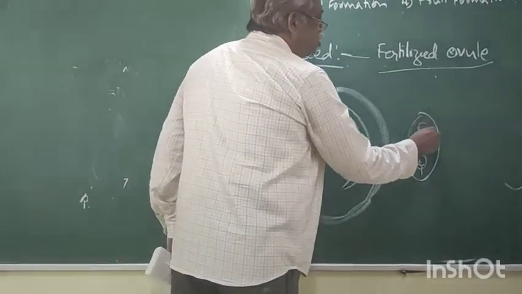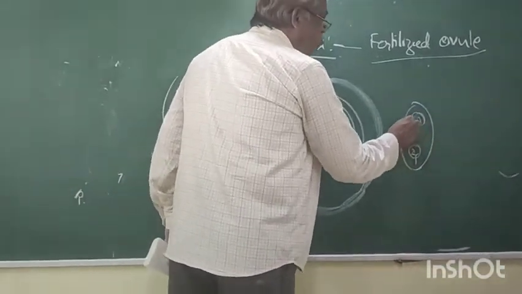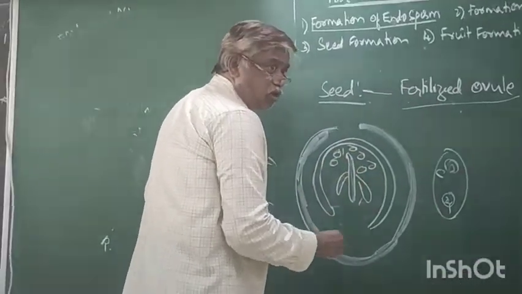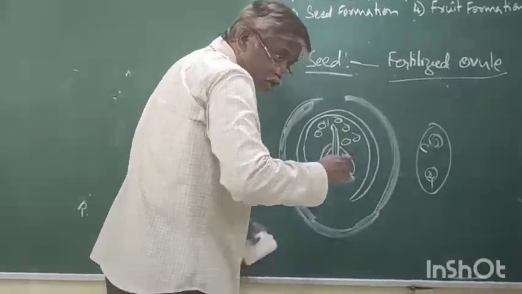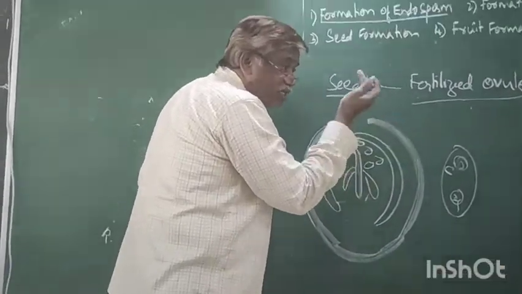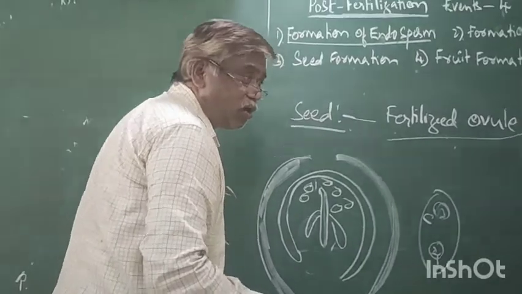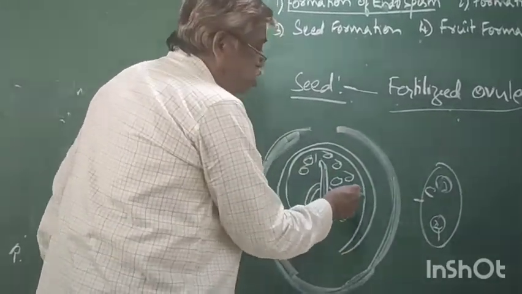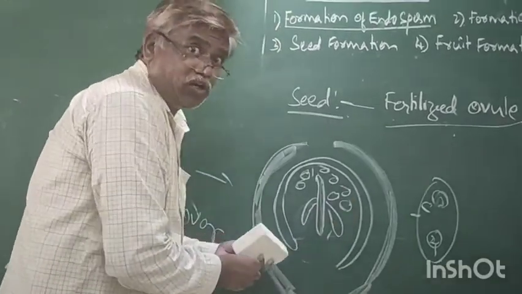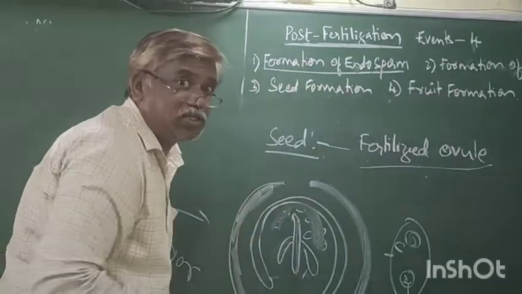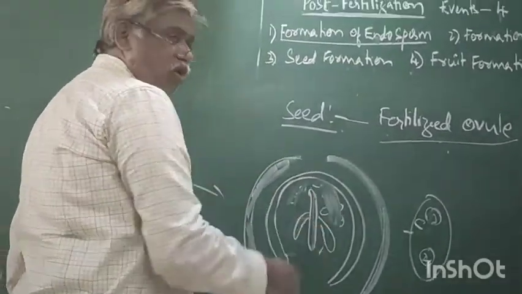Right. Now what is this part? It forms the endosperm. Not nucellus, a new tissue in the place of nucellus. The nucellus is already consumed by the embryo. In that nucellus place, a new tissue, endosperm. This endosperm is also not there because this embryo consumed it.